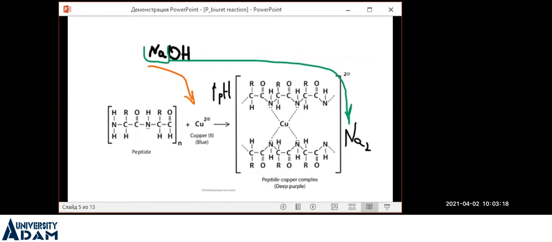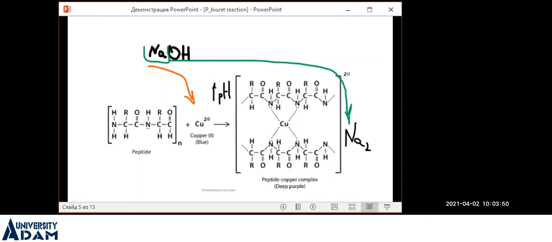If we add sodium hydroxide to change the environment to alkali, it will release OH groups and sodium ions, and sodium ions also will play an important role to fix this peptide copper complex, and will be added to this peptide copper complex. It's necessary to remember.